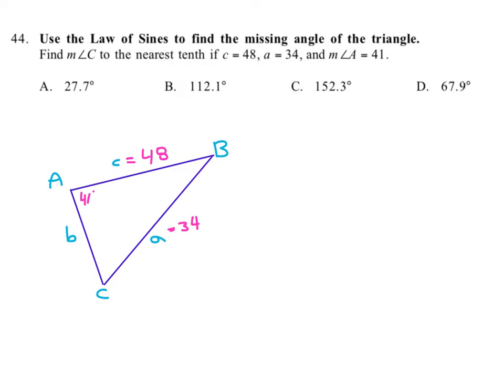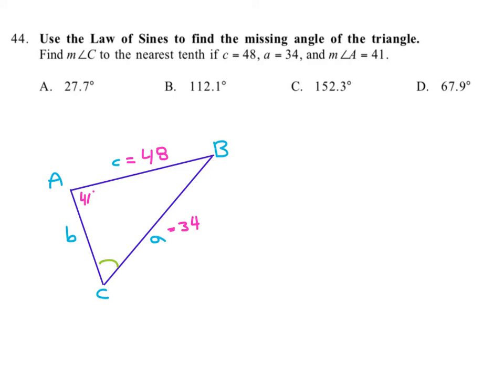And we're trying to find angle C, the measure of angle C. I can guarantee you that we're going to have a problem. I think we'll make a multiple choice just for the sake of ease instead of showing all the work. But we will definitely do one law of sines where you find the angle, one law of sines where you find the side. Okay, so how do we find this angle?